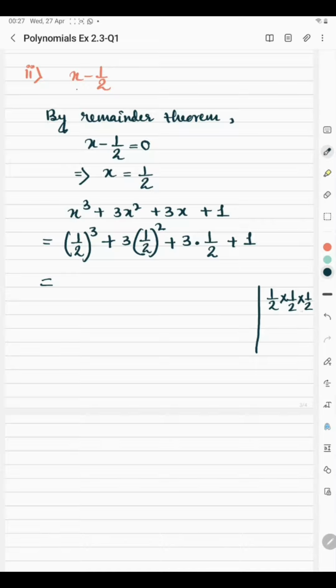So 1 by 2 multiplied by 1 by 2 multiplied by 1 by 2. So 1 ones are 1, 1 ones are 1, 2 twos are 4, 4 twos are 8. So we will be having 1 by 8 plus 3 multiplied by 1 by 2 square, means 1 square is 1, 2 square is 4. So it's 1 by 4, plus 3 multiplied by 1, 3 by 2 plus 1.